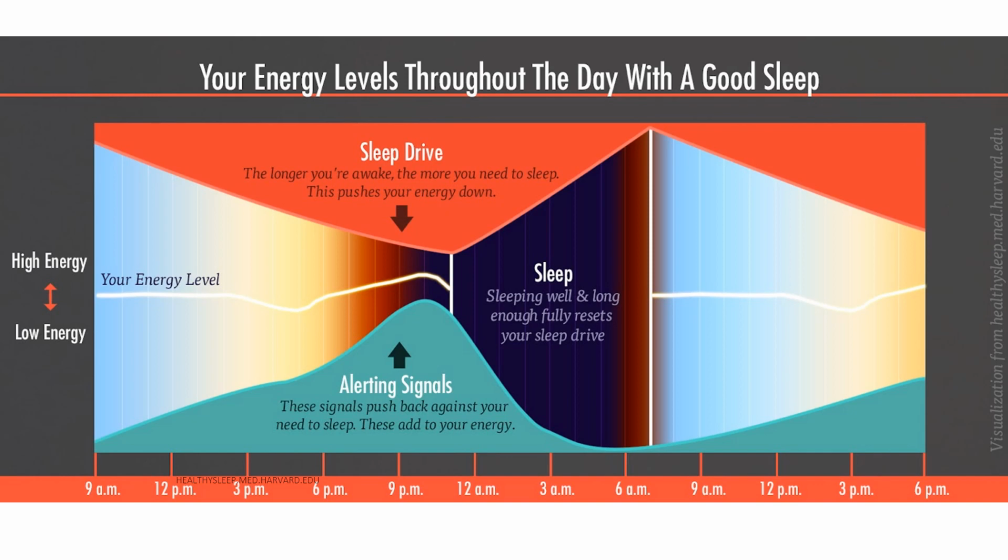As you can see on the chart, there's a couple blips on the curve. This isn't totally a straight line in energy level and then a dip as soon as we go to sleep. There's a little bit of a dip and a rise that you can see on the energy level line. So what's happening with that? There's a point in the early afternoon where our alerting signals tend not to keep up with our sleep drive. That can cause a brief period of feeling a little bit more sleepy than the rest of the day.